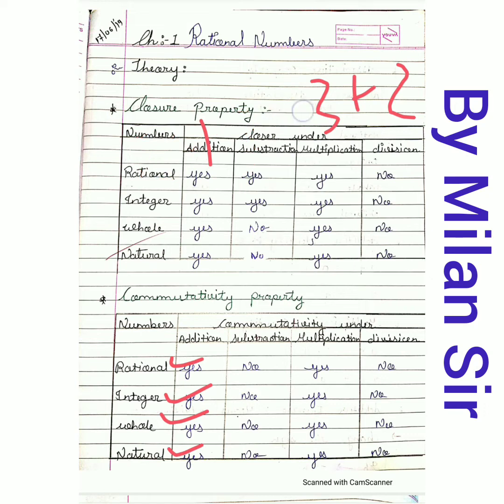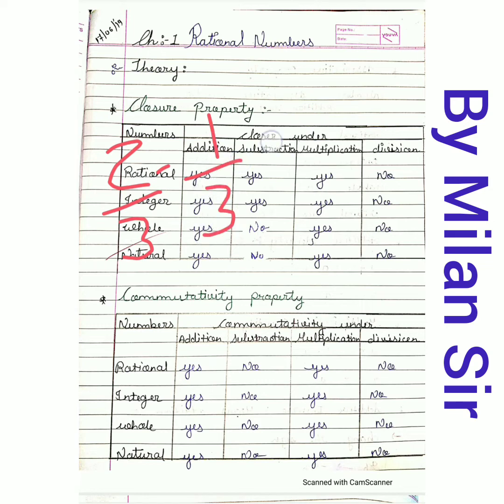Now subtraction. Subtraction is not commutative for all types of numbers, because if we change the order, a positive number becomes negative and a negative becomes positive. Let's take one example. 2 by 3 minus 1 by 3: 2 minus 1 is 1, so 1 by 3.